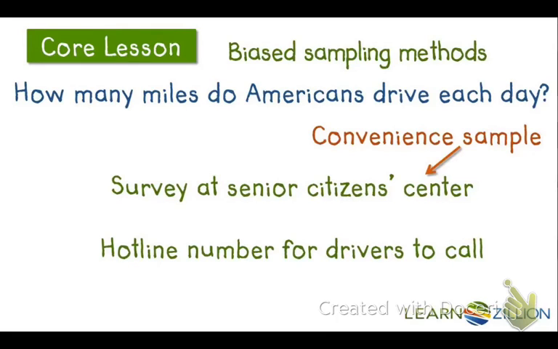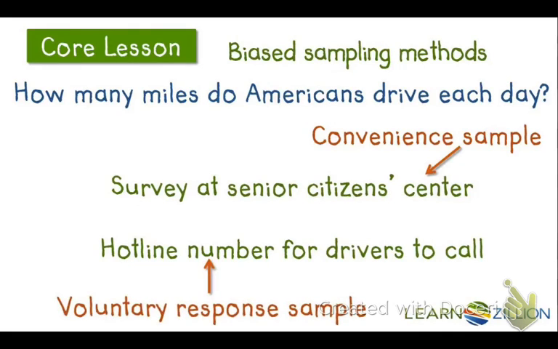The second example, having a hotline for drivers to call, is a voluntary response sample because only people who choose to call in will be part of the sample. You may end up with many people who drive many, many miles each day and are excited to call in and brag about their high level of driving. Or you could have people who are proud that they never drive at all.